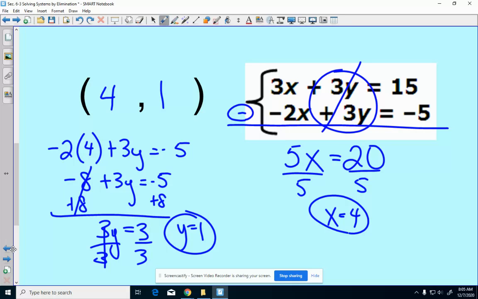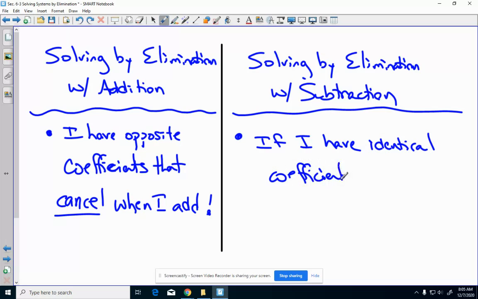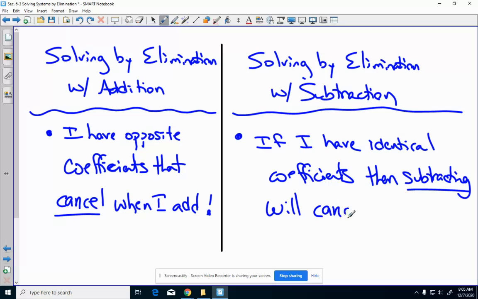Okay, if I come back to this screen, solving by elimination with subtraction, if I have identical coefficients, then subtracting will cancel them out.